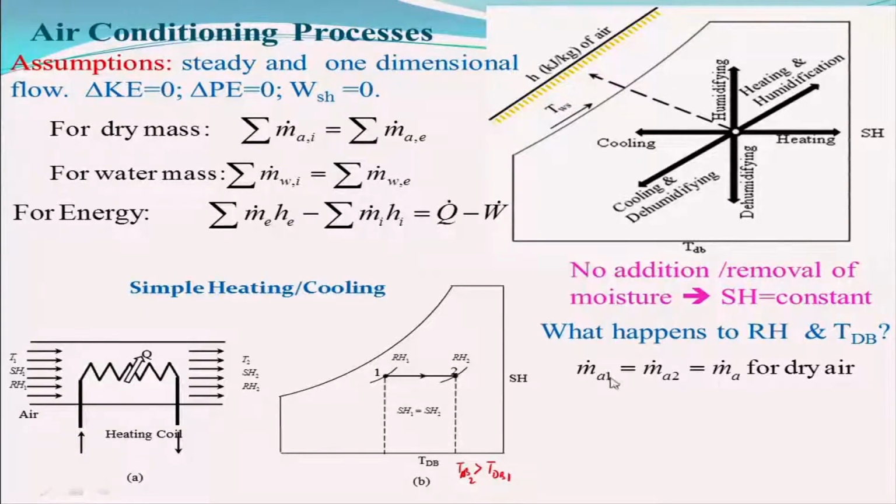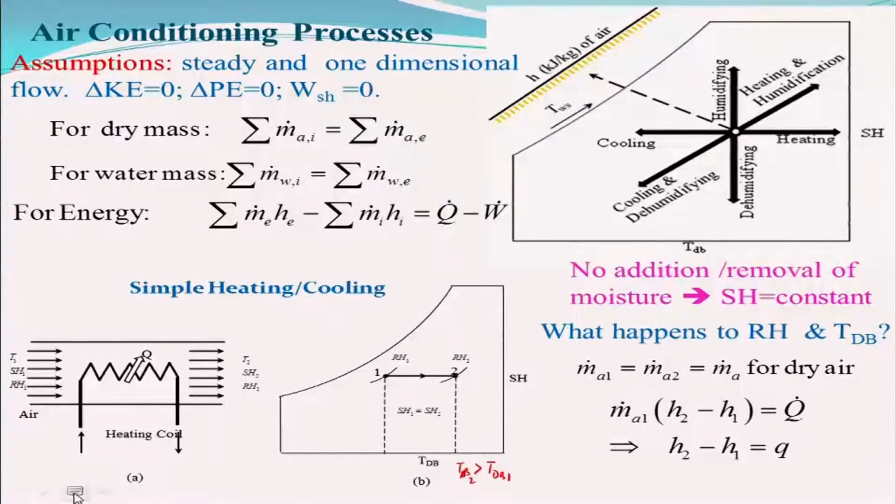The mass of dry air is conserved for this process, and water also is conserved because you are not adding anything. If you do an energy balance, there is no shaft work here. So therefore, m dot A times (H2 minus H1), because you are not adding any water, so only air will be there, is equal to Q dot.